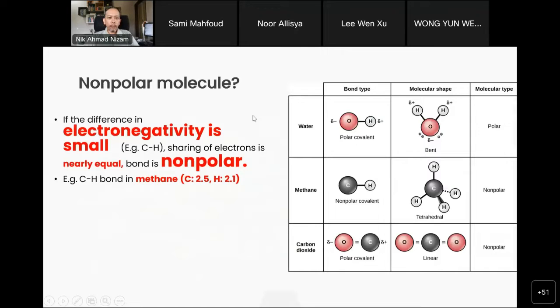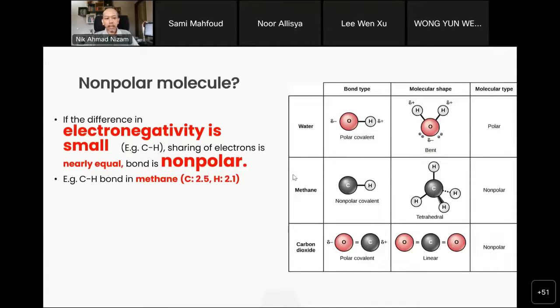Okay, so this is an example of the non-polar molecule. So how about the non-polar molecule? If the difference in electronegativity is small, for example, like C-H, you can see it in the hydrocarbon lah. Okay, C-H, sharing of electrons is nearly equal. So the bond is non-polar.